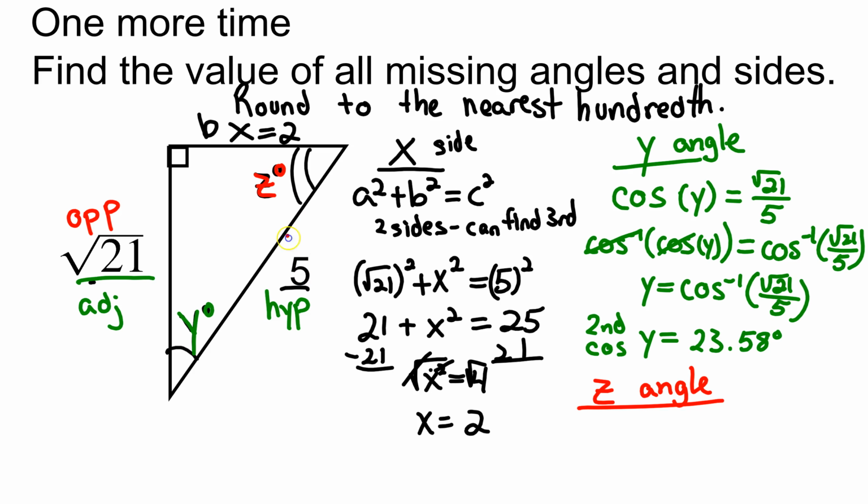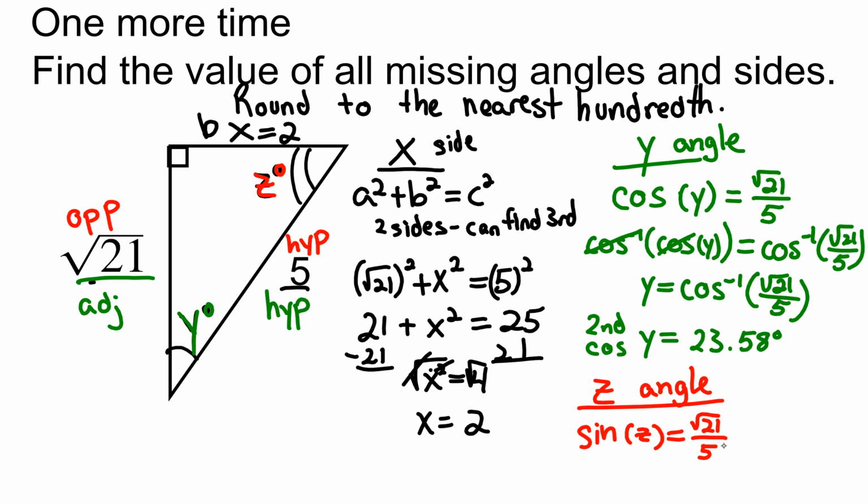And 5 is still the hypotenuse. So now when we have opposite and hypotenuse, we need to use the sine function. So we're going to say the sine of angle Z is equal to opposite, square root of 21, over the hypotenuse 5.